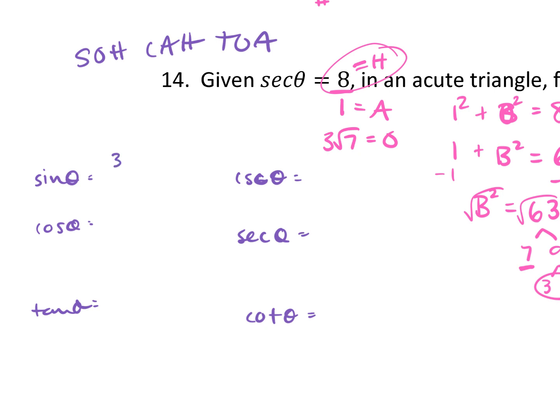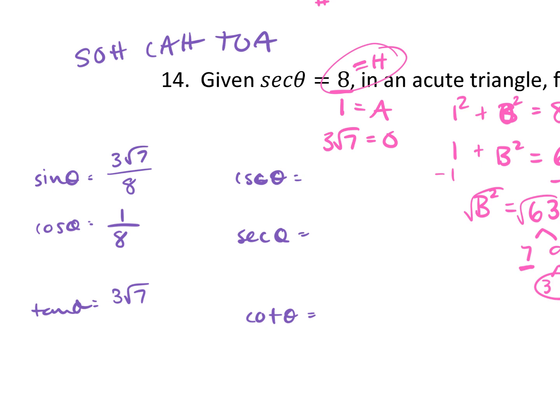So that would be 3 square root 7 over 8. Cosine is adjacent over hypotenuse, so that would be 1 over 8. And tangent is opposite over adjacent, so 3 square root 7 over 1, which would just be 3 square root 7.